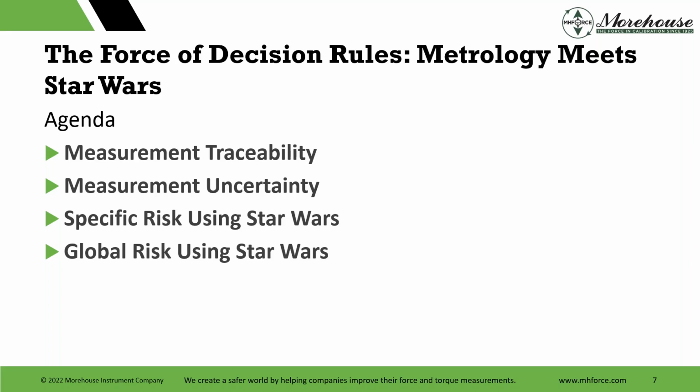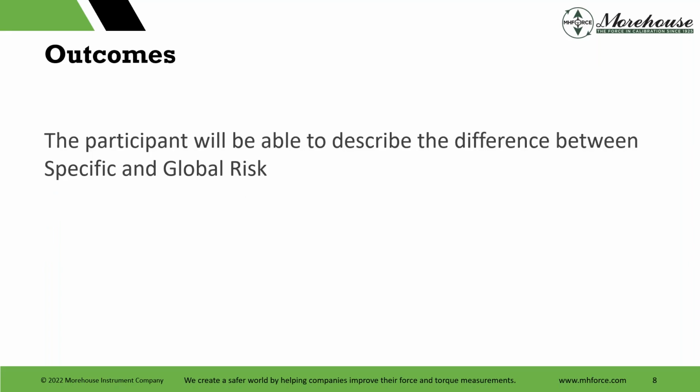But so we have our agenda: a brief discussion on measurement traceability, measurement uncertainty, and then specific risk using Star Wars and global risk using Star Wars. And the outcome, really a 50,000-foot view of this topic, is so you can have that discussion and pull upon these examples and know what somebody says or what I'm talking about.